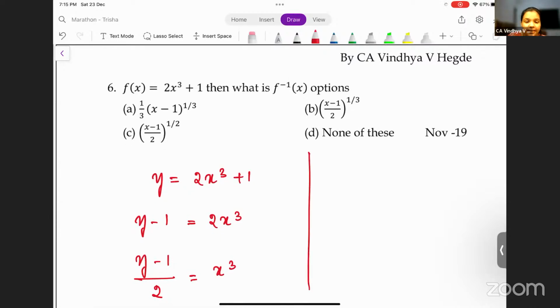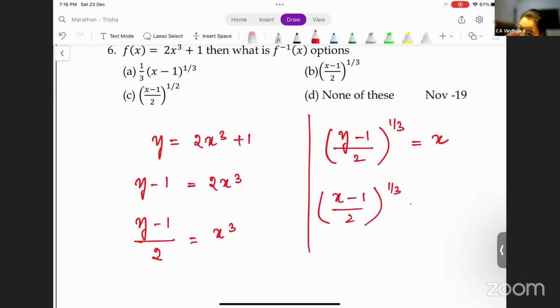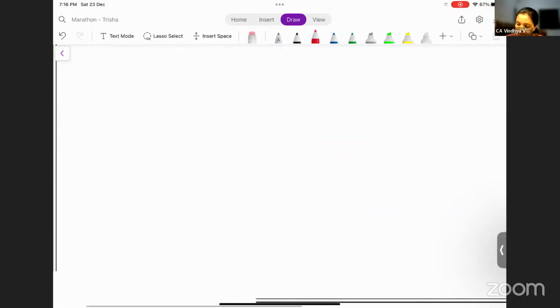Cube you shift to the other side, it becomes 1 by 3. So you have ((y minus 1) divided by 2) whole to the power 1 by 3 is equal to x. Now replace y as x and x as f inverse of x. So we'll get the answer as ((x minus 1) divided by 2) whole to the power 1 by 3. Okay. Next.